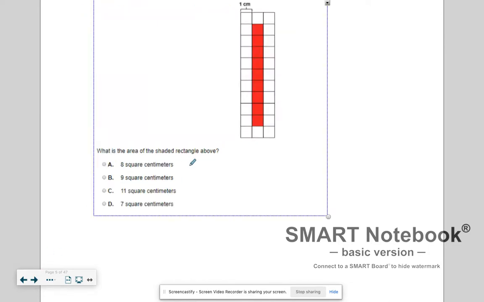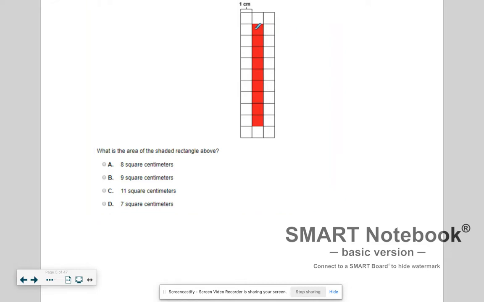All right. What is the area of the shaded rectangle above? Now, I want you all to figure this out, Miss Merritt, if you will pause this video. All right, guys. I hope you were able to count the inside of this. I have 1, 2, 3, 4, 5, 6, 7, 8, and 9.